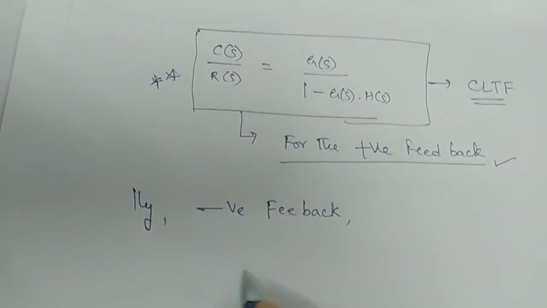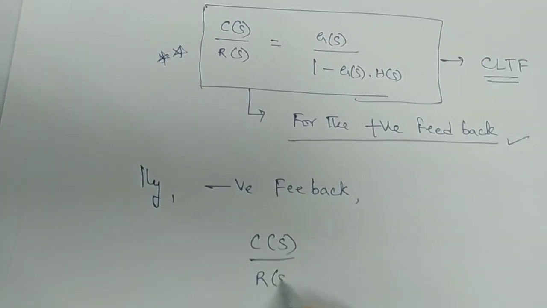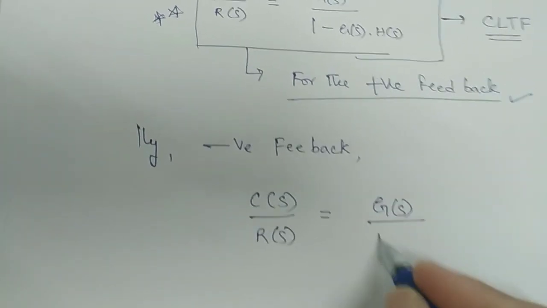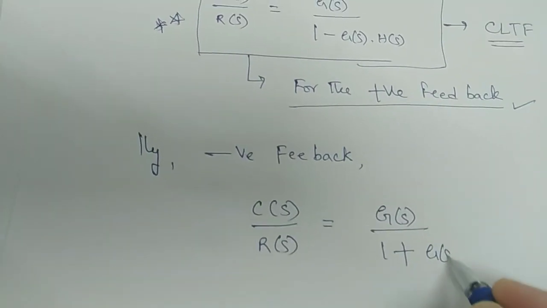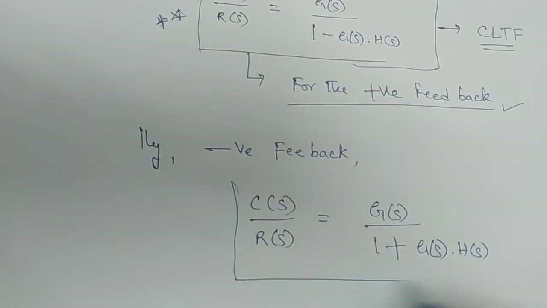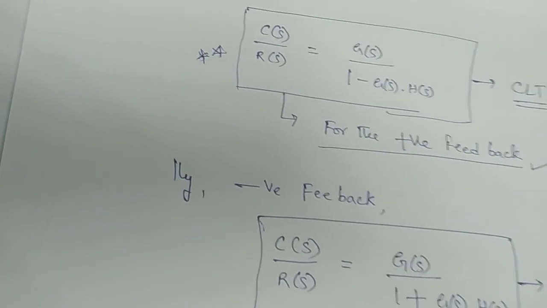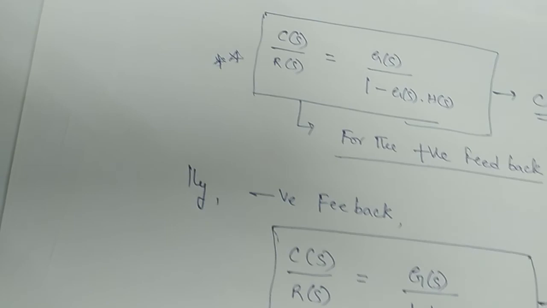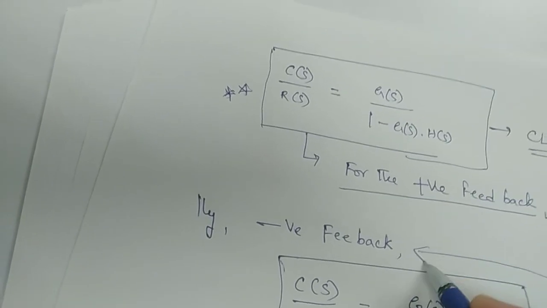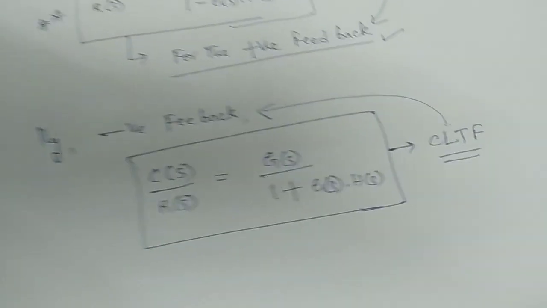In negative feedback, you will have C of s by R of s as G of s by 1 plus G of s into H of s. This is for the negative feedback control system. This is the closed loop transfer function with negative feedback. This is the closed loop transfer function with positive feedback.